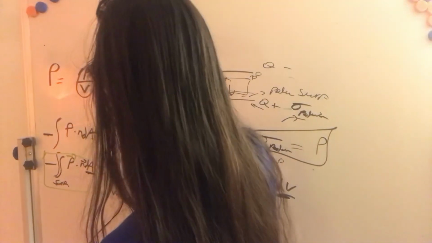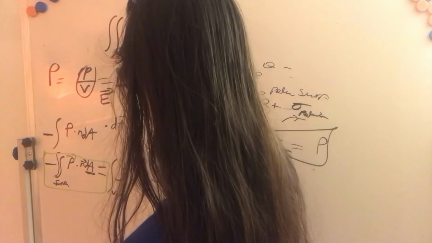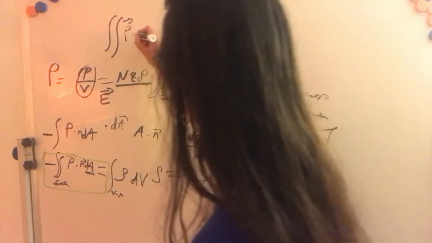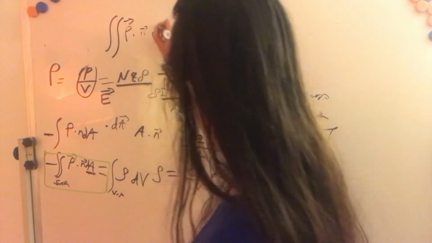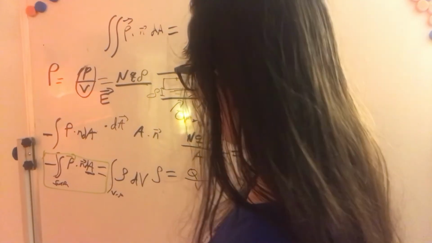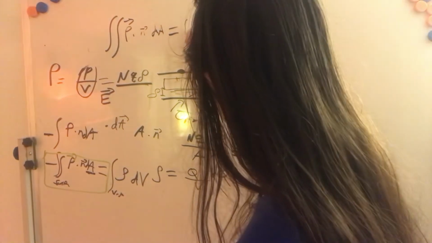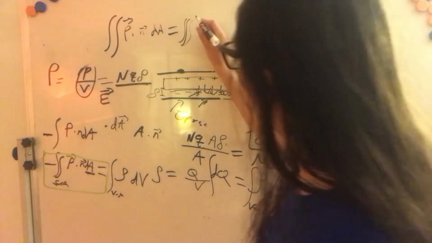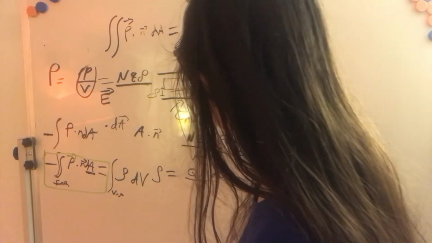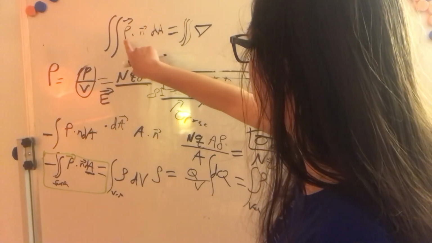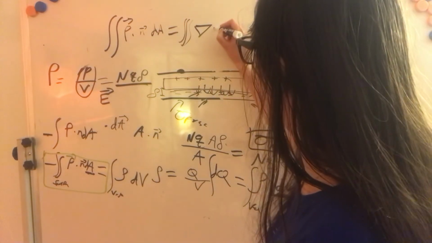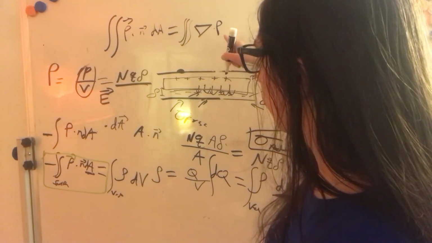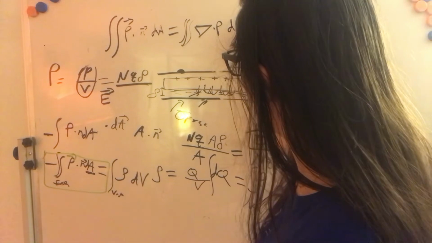We have that the surface integral of a vector field, in this case the electric dipole moment per volume, dot the normal vector dA, is equal to the volume integral of the divergence of the vector field, the divergence of the electric dipole moment per volume dV.